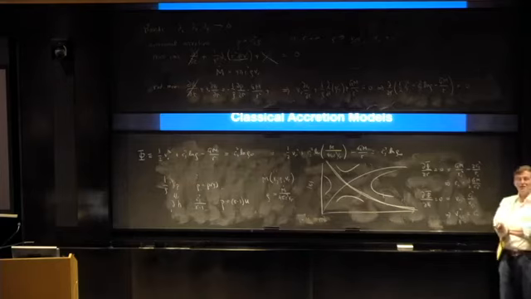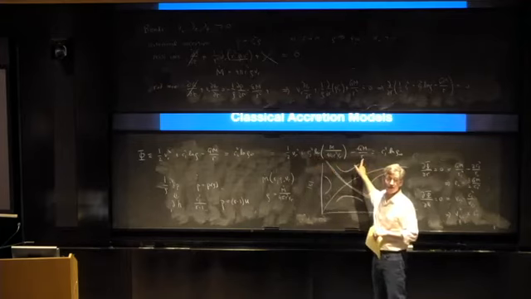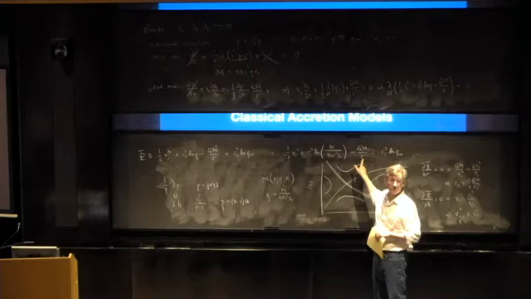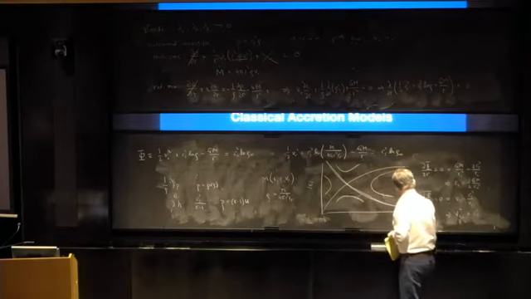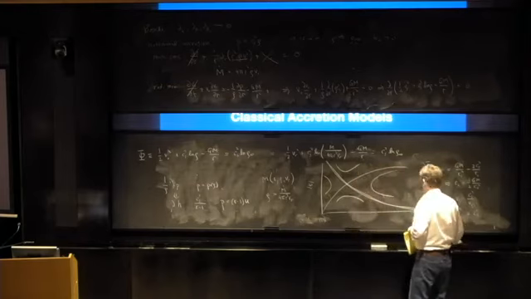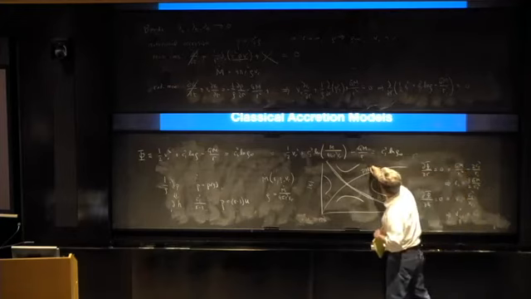Okay. Now the final step here is to take these things and use them to evaluate this side. Okay, and then I can solve for m dot. But by the way, I should say this is the Bondi solution down here, and this is the Parker solution for the solar wind up here.